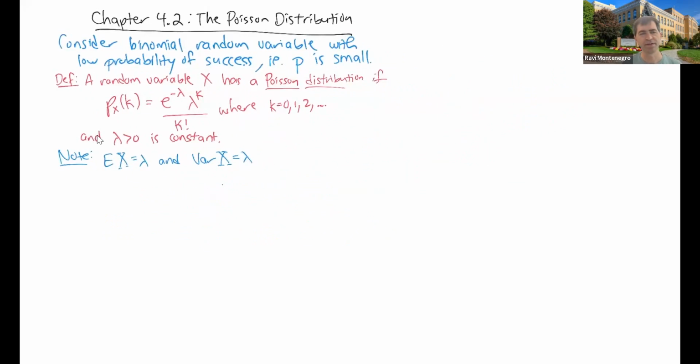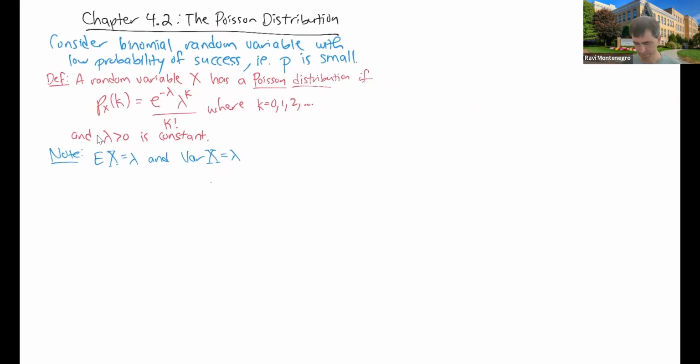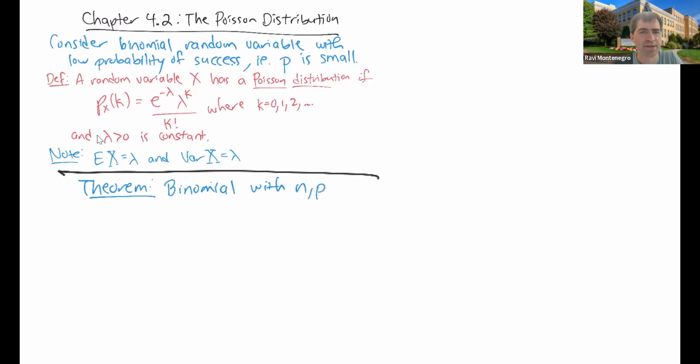Okay, so there's our definition of Poisson distribution. And now let me give you that connection to binomials. So if we have a binomial random variable, as was stated at the top, then it follows a Poisson distribution if n is large and np is basically a constant.